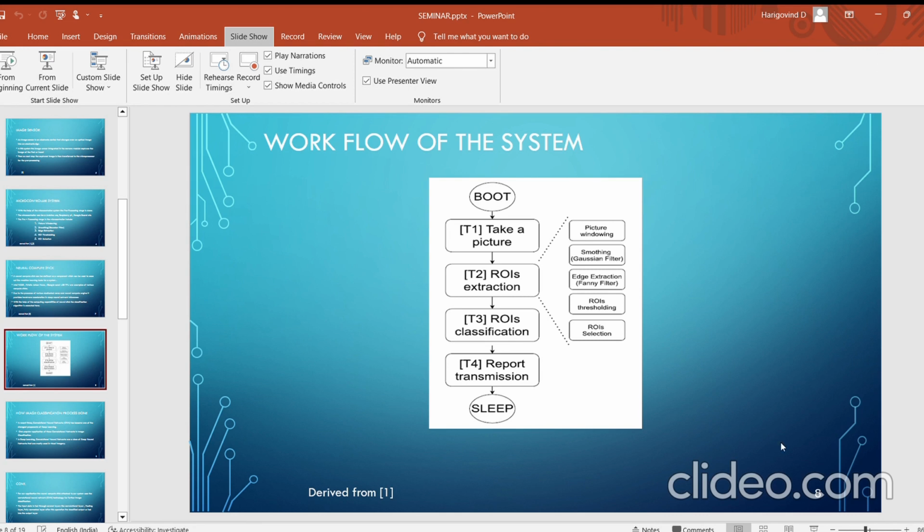So this shows the total workflow of the system, from boot to sleep. This includes the whole processes which are done by the system in its life cycle.